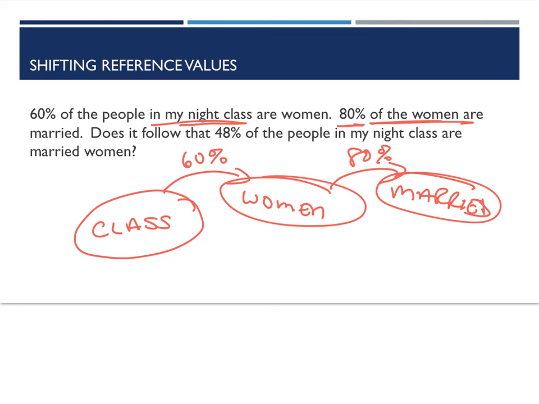So the only people in here are married, but since it comes off the women, the only people in here are also women. So that does mean that 48% of my night class are married women. 60%, 80%, if you do it on your calculator, 60% times 0.8 will give you 48%.